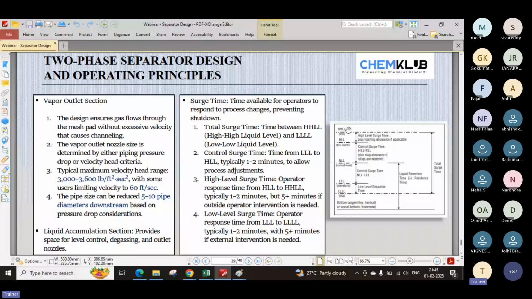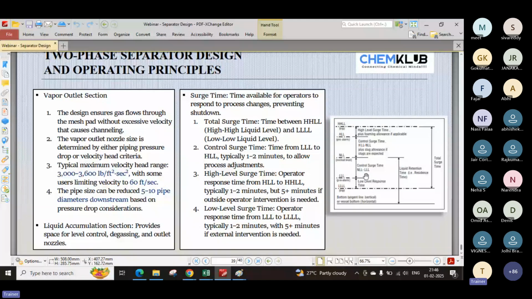Why not directly consider a 50 gap between these two? You can imagine if you have a 50 gap, any furious action can lead to alarm or tripping actions. So to avoid this, we provide a gap based on the time, or based on the level measuring equipment's ability to correctly measure those.